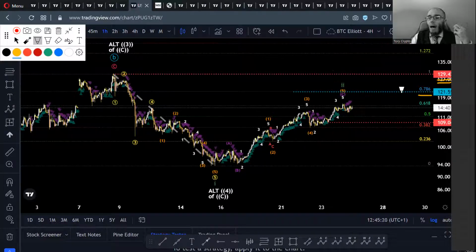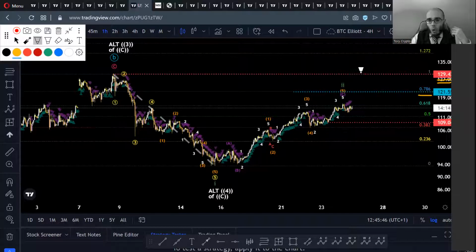But as long as we are below the 78.6%, I won't be bullish, and I will not take a long position before we exceed the 129.42 level. My main Elliott wave gets invalidated once we exceed the 129.42 level.